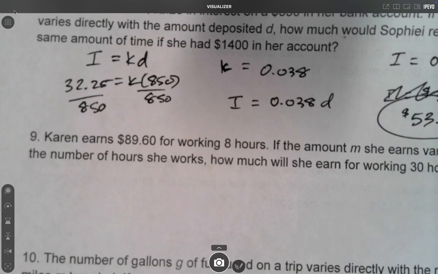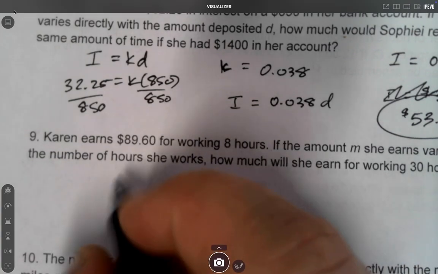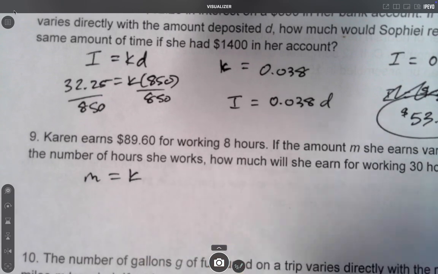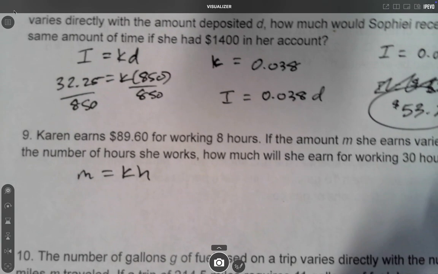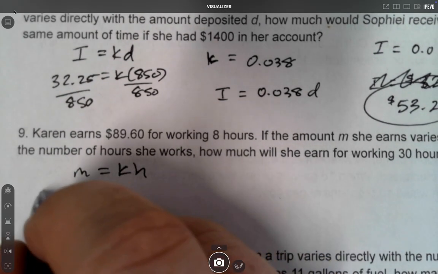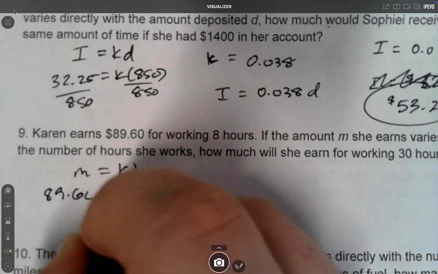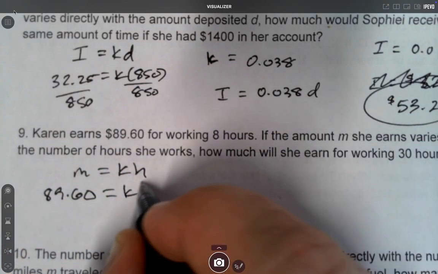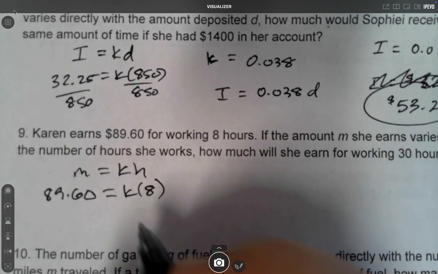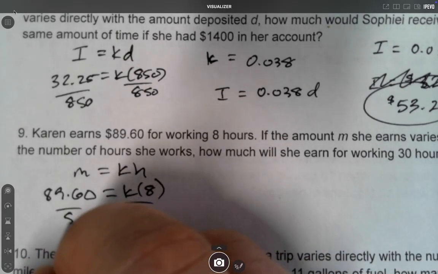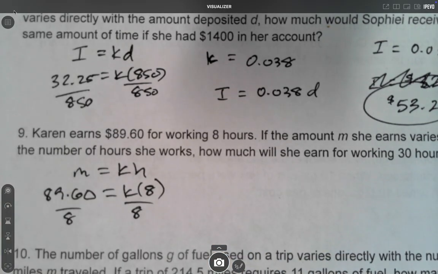Okay, Karen earns $89.60 for working 8 hours. If the amount, M, that she earns varies with H, the number of hours she works, how much will she earn for working 30 hours? So $89.60 is what she makes. She works 8 hours. So we can find K by dividing both sides by 8. Get $11.20.